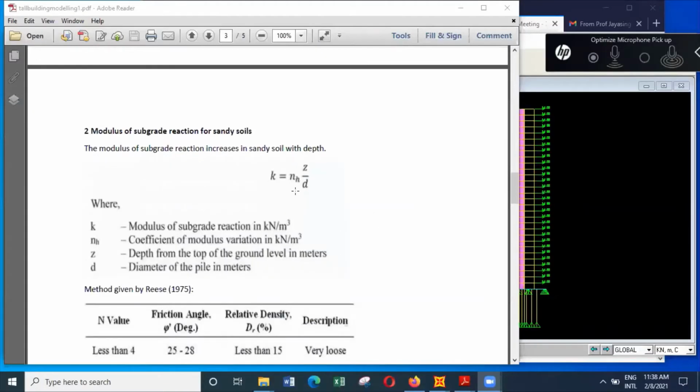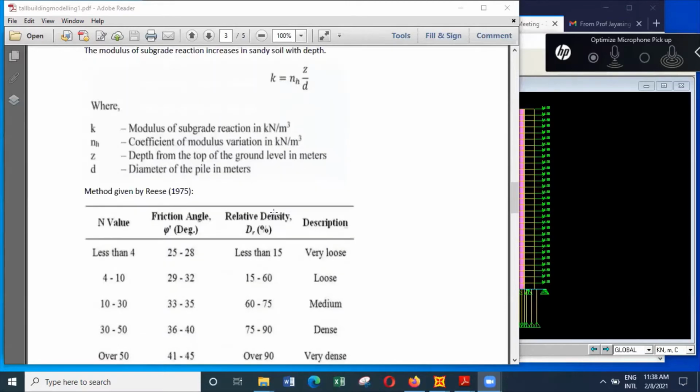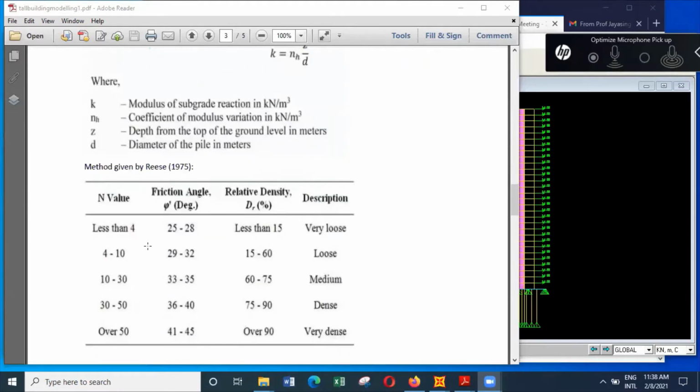So in sandy soils, the horizontal subgrade reaction is a function of the depth. To find the value of nh, we have to see what type of sandy soil we are having. Again it is based on the SPT value. Based on the SPT value, you can select a reasonable friction angle.